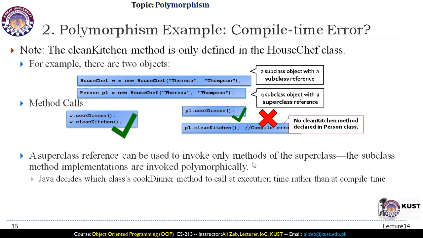But if there are methods in the superclass that are overridden by the subclasses, then those methods can be invoked polymorphically. For example, if we change the calling object to the subclass objects, then those methods can be called polymorphically, as we saw in the cookDinner case.